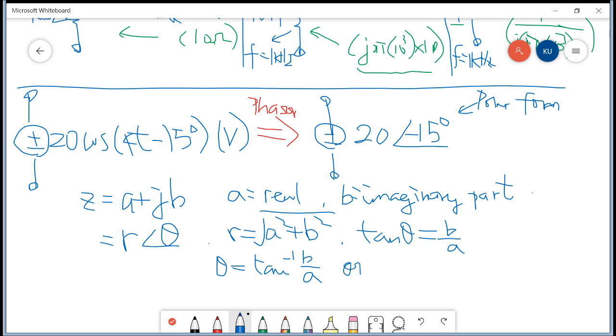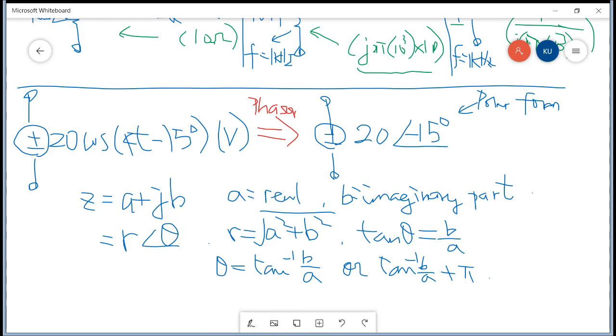It may be arctangent B over A plus pi, or something like that.